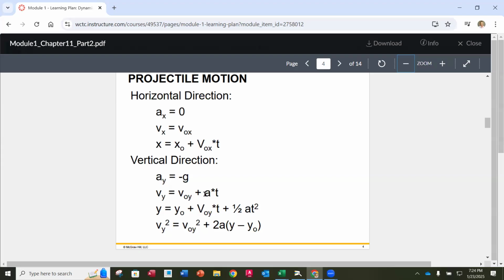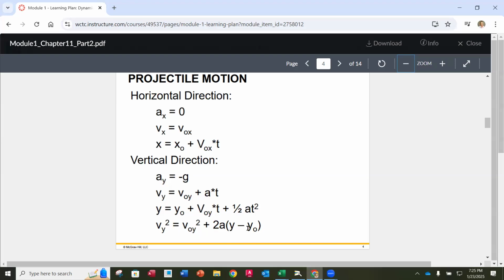Now, right now, I don't have the negative in here, but when we're dealing with things that are accelerating due to gravity, this would become a negative value because of the direction of the acceleration. And then we're going to have the distance in the y. Again, familiar equation, because this is going to be the uniform acceleration. And then this is going to be the velocity in terms of distance.